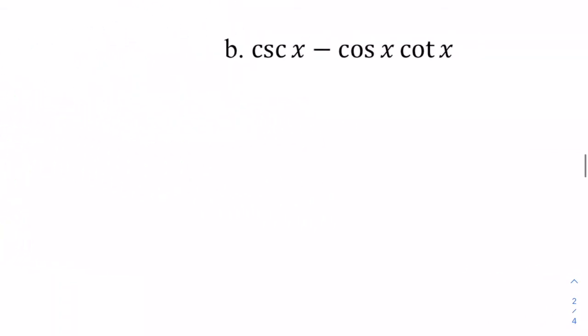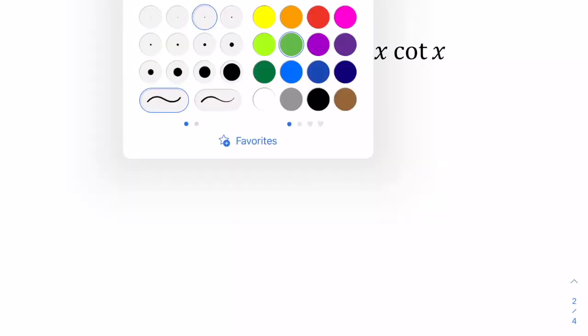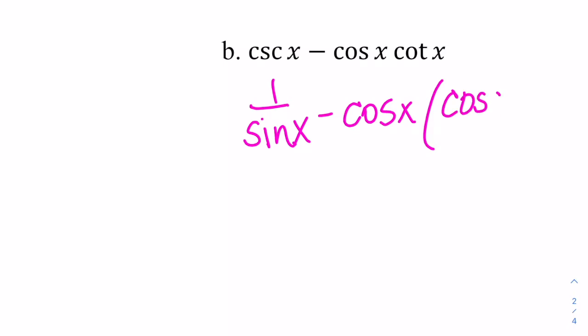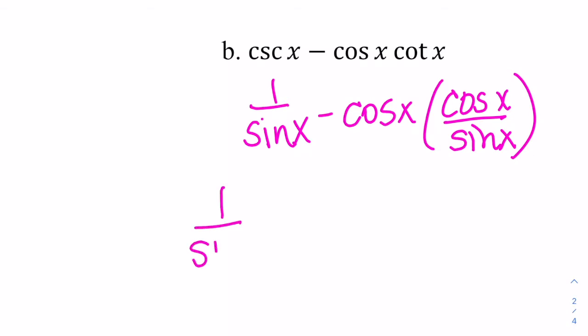Looking at the next problem, well, we have a lot of things going on. So what I'm going to do is actually change everything into reciprocal identities. So here we have 1/sine of x. I'm going to leave this cosine. I'm going to leave it in terms of sine and cosine. And here, cotangent is cosine of x over sine of x. Well, you can see right away that they both will have a 1/sine of x.